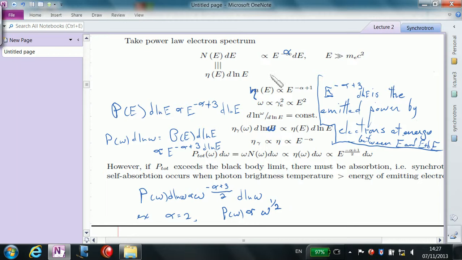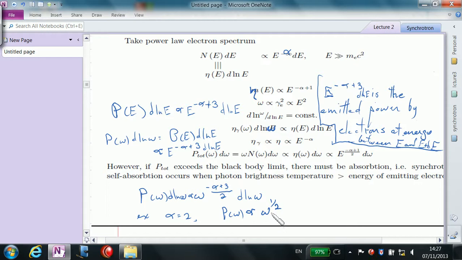See, this is generally considered to be the initial spectrum. Now, it could be that the spectrum of electrons changes because the electrons cool. That's different. So this is as long as the electrons aren't cooling. The faster ones, the more energetic electrons which radiate at higher frequencies, radiate their energy faster.